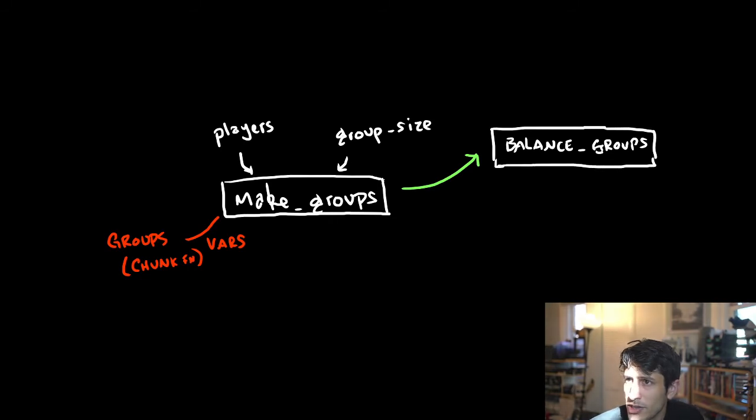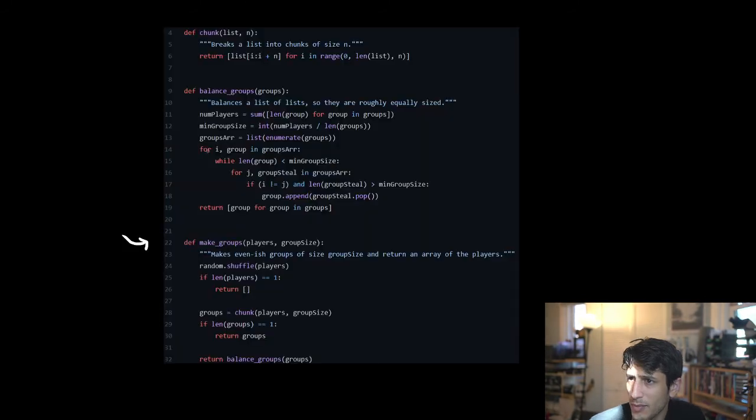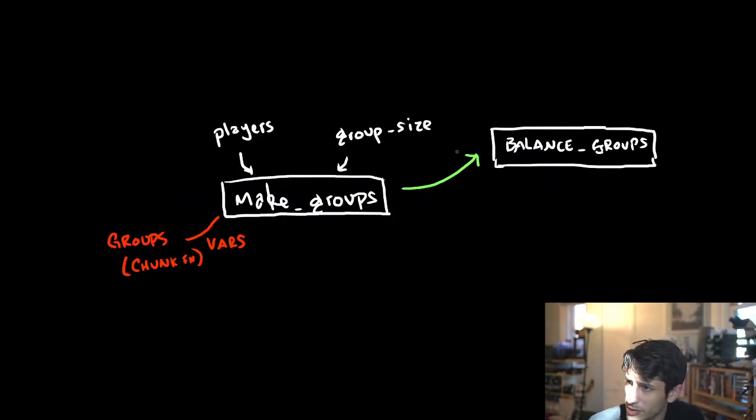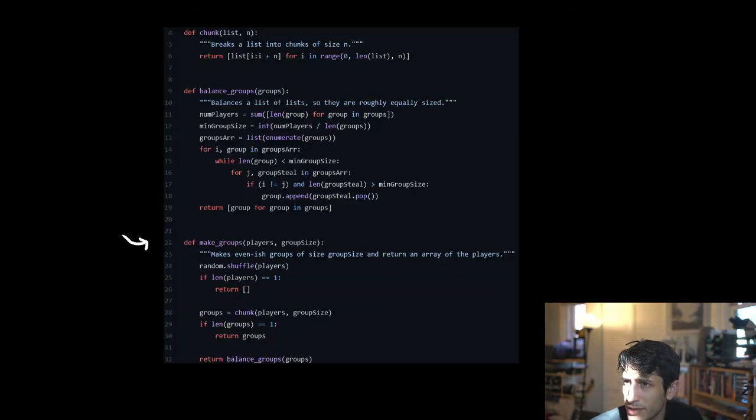Okay. So you have balance groups over here. And what about balance groups? Well, that takes as input groups. All right. And what does that return?